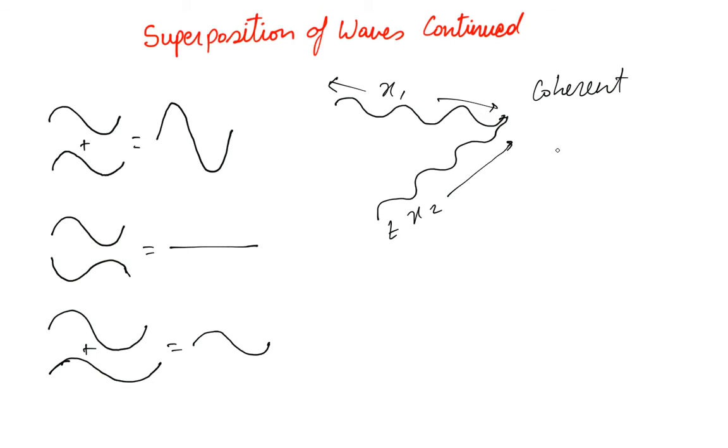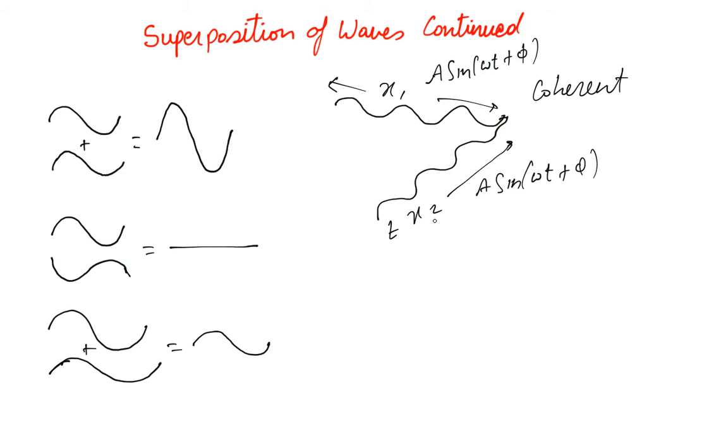Coherent means they follow the same equation, which means if this wave is expressed as a sine omega t plus phi, the equation followed by this wave is also expressed as a sine omega t plus phi.